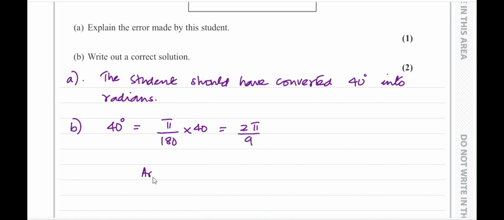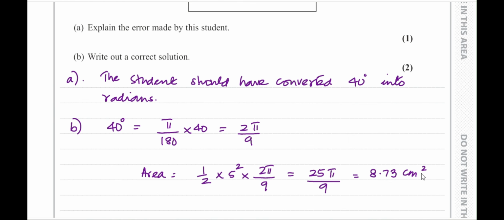Therefore, area equals half times r squared times theta, which is equal to 25 pi over 9, which is also equal to 8.73 centimeters squared in decimals.